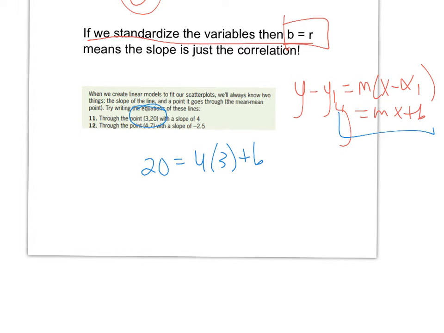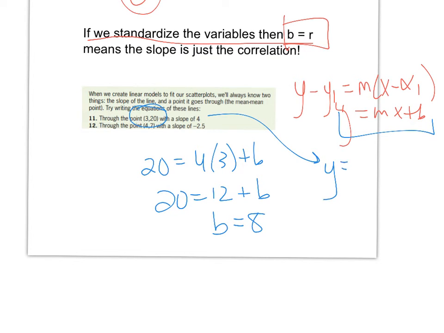This is our standard form. So 20 equals 12 plus b. Subtract the 12, and you would get b equals 8. So your equation would look like y equals 8 plus 4x. Okay, and if they are using data points, then it would be y hat equals 8 plus 4x.